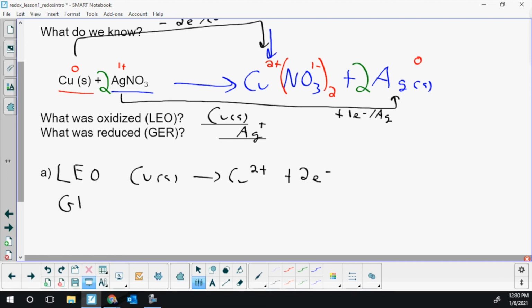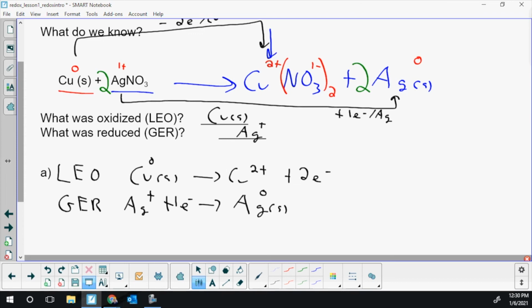Our reduction, our GR, gaining electrons reduced, so this better have electrons at the beginning. We have silver plus, and that picks up 1 electron, it gains 1, and then we get neutral silver. You don't have to put the 0 charge in, but I really encourage you to put those in.